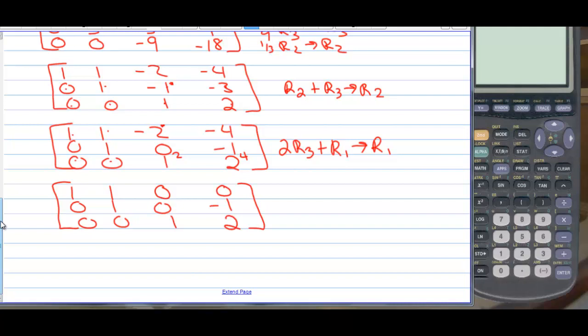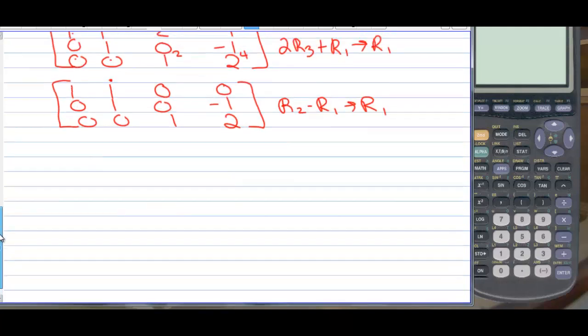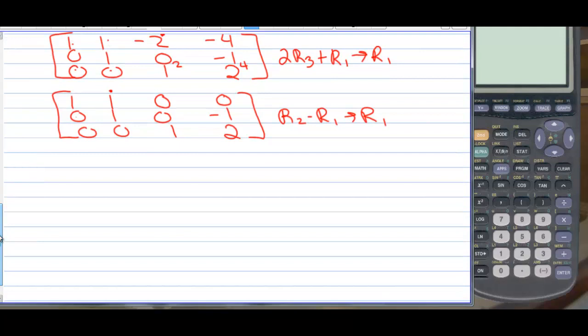Well, now our final 0 we want right here. We want that to be 0. Now how can we do that? Well, we can take row 2 minus row 1 and replace row 1. So 2 minus 1. 0 minus 1 is negative 1. So we have negative 1. 1 minus 1 is 0. 0 minus 0 is 0. And negative 1 minus 0 is negative 1.